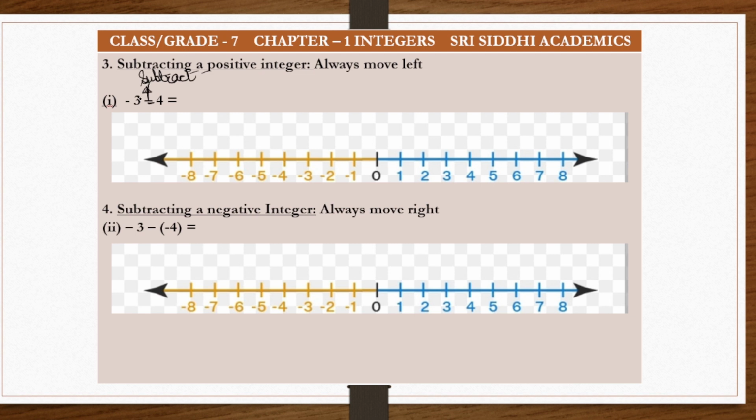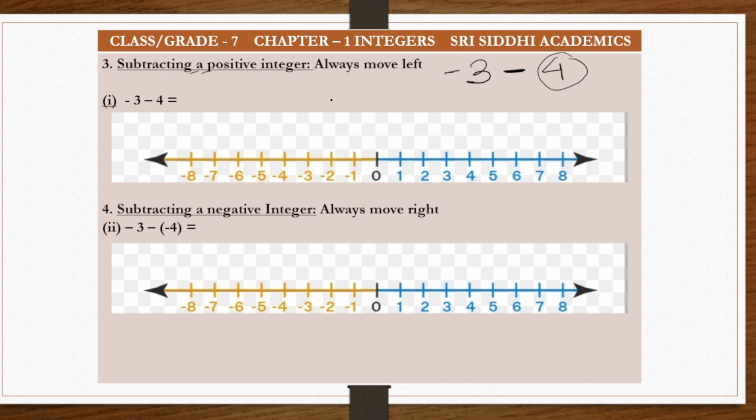Like you see here, the numbers towards the right of 0, all these numbers 1, 2, 3, 4, don't have a plus sign exclusively written in front of them, but still they all are positive integers. Similarly, here minus 3 is the initial position on the number line. Minus here stands for subtraction and there is the positive integer 4.